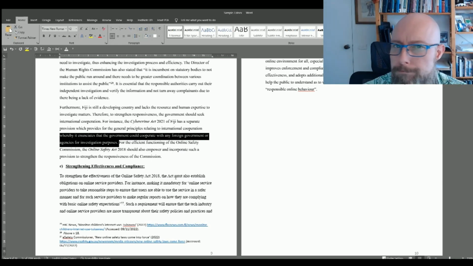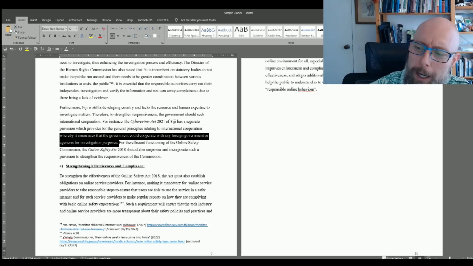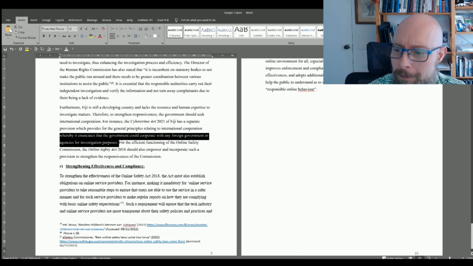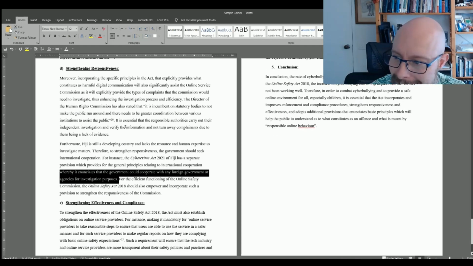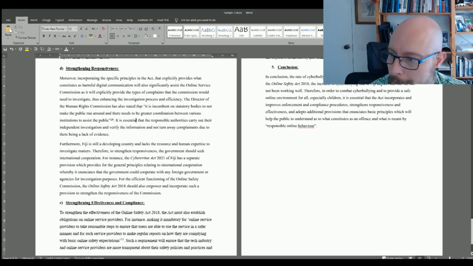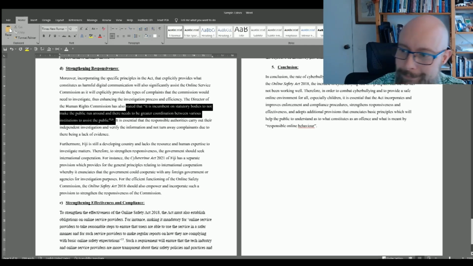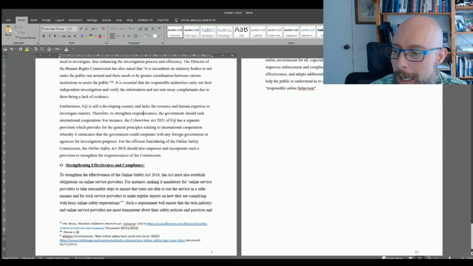I'm not sure where, if the majority of this is all women and children, and we're not talking about the government trying to go after Richard Naidu or other lawyers for saying perfectly reasonable things. Query what the role of a foreign government is in this. But again, the student is aware of a need for better coordination between institutions, and so on.